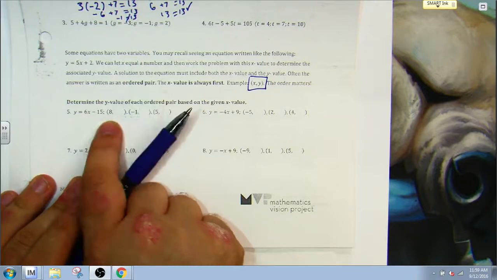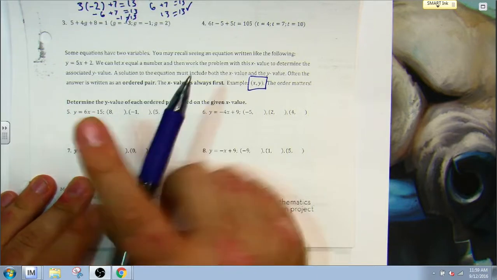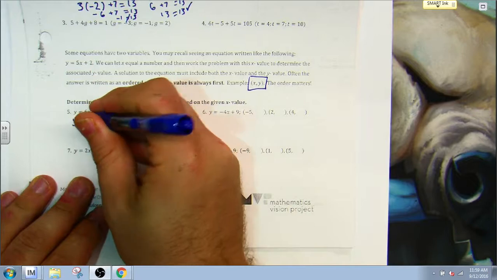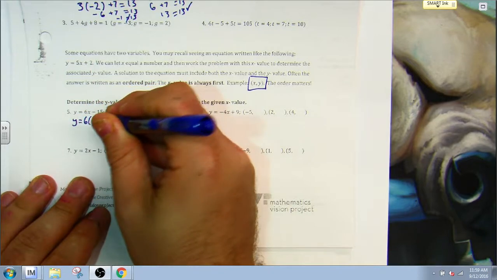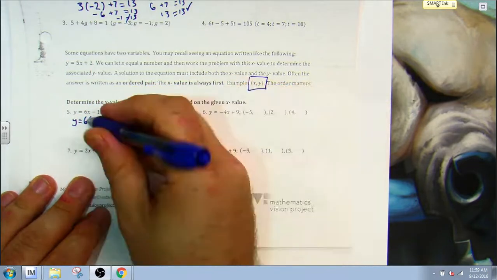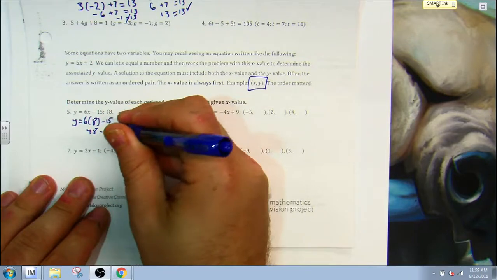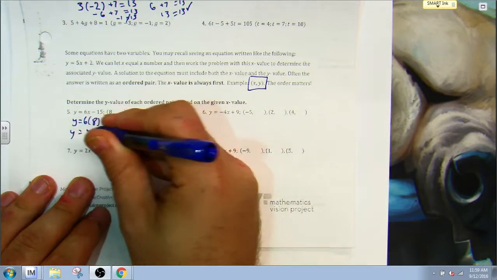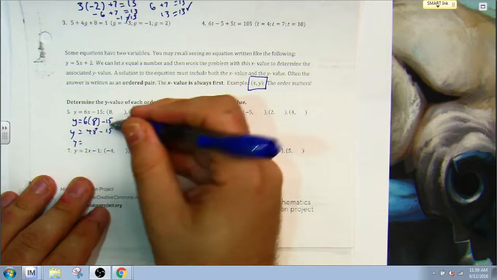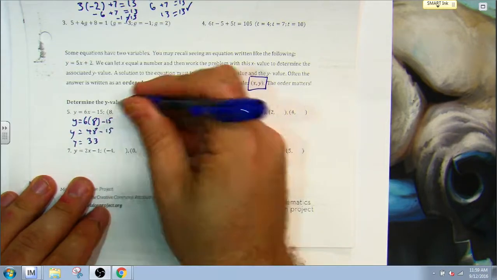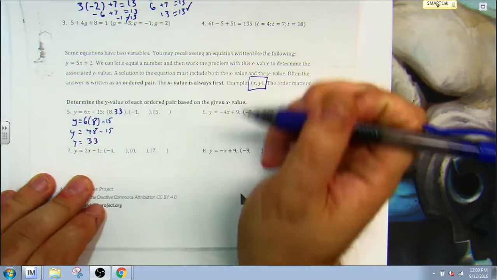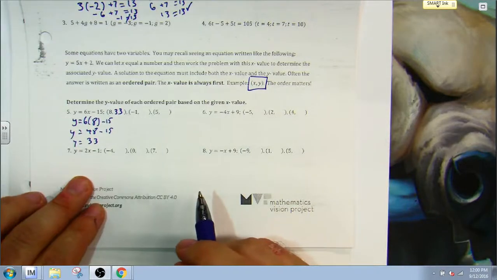To find our y, we just plug 8 in for our x. So y equals 6 times 8 minus 15. 6 times 8 is 48, minus 15, and 48 minus 15 is 33. So my y value when x is 8 is going to be 33.